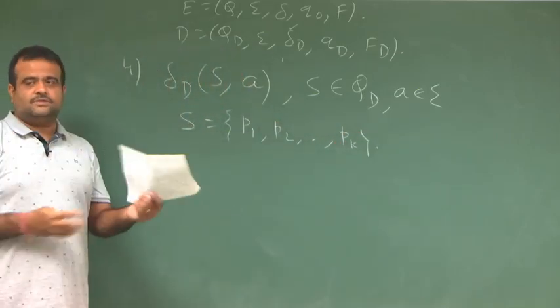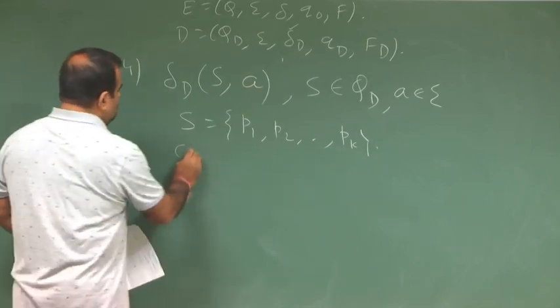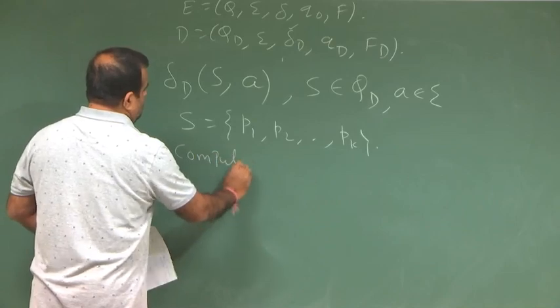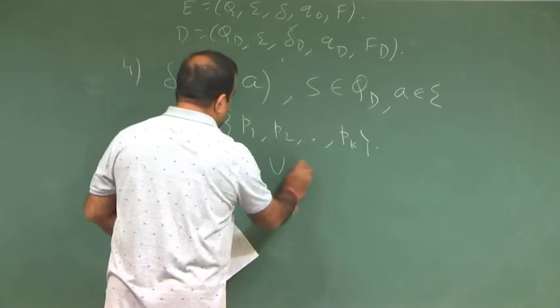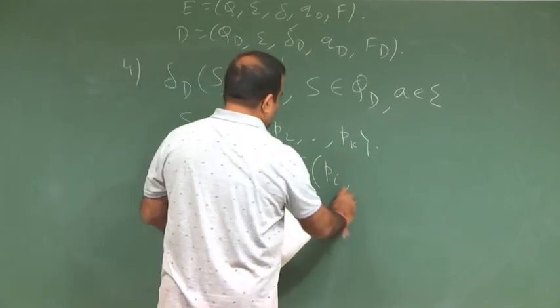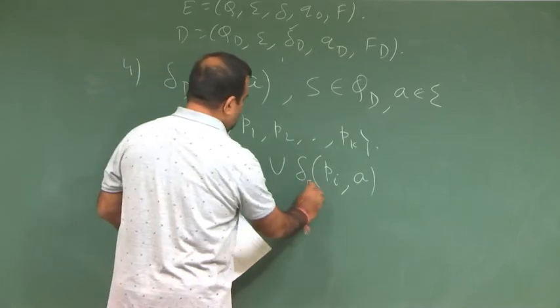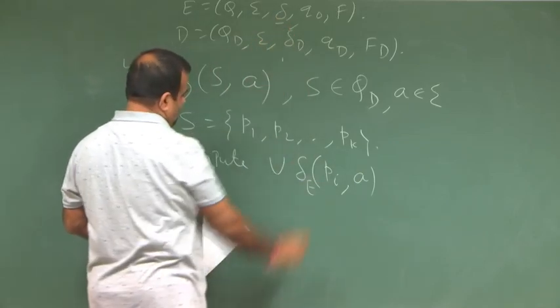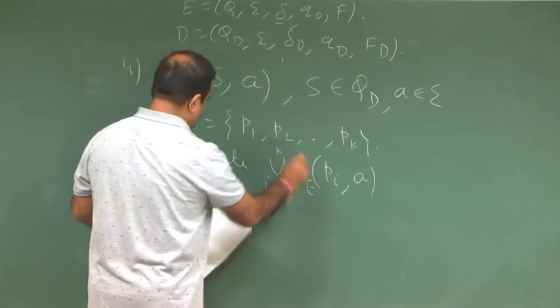After doing this epsilon closure everything, we take this one. Then we compute delta e of p i comma a, where i is equal to 1 to k.